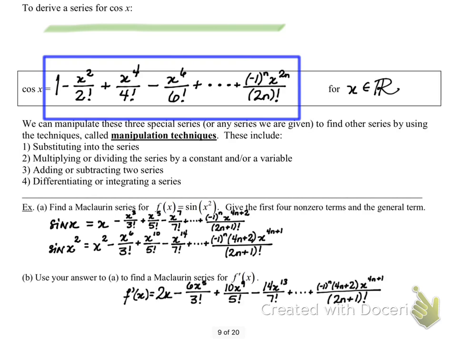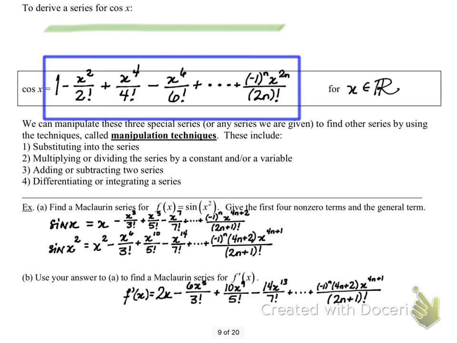So here you see the Maclaurin series for the derivative of sine of x squared, and I made some errors, so I'm going to fix those very quickly. So if you look, this bit right here was incorrect.